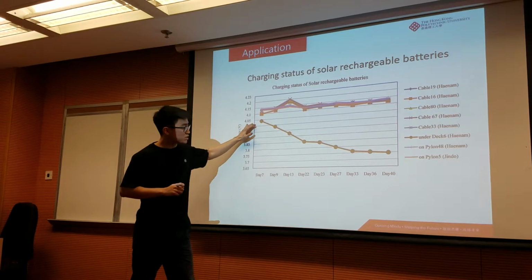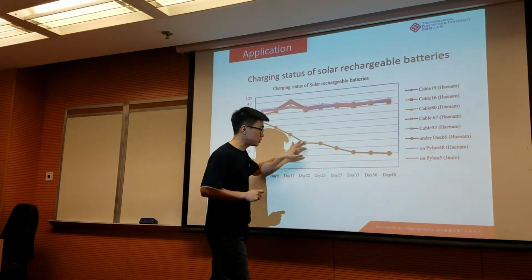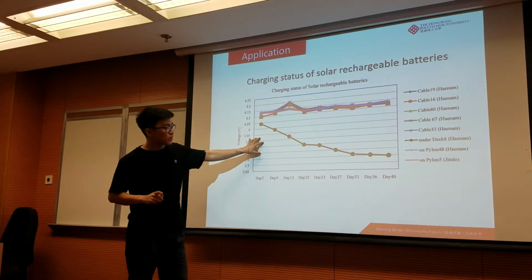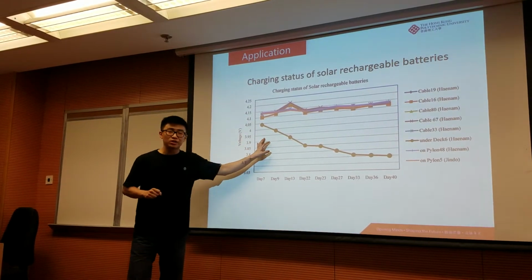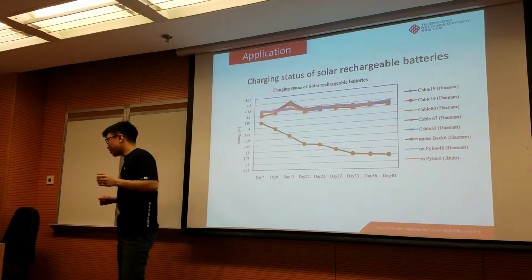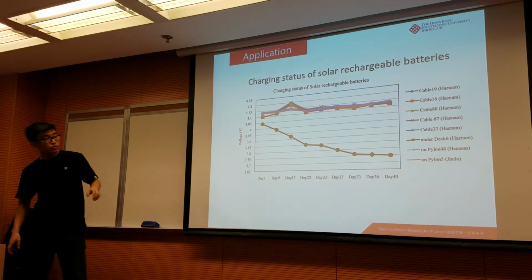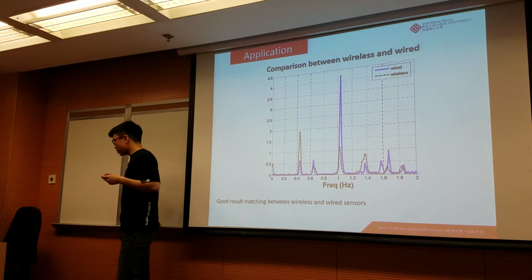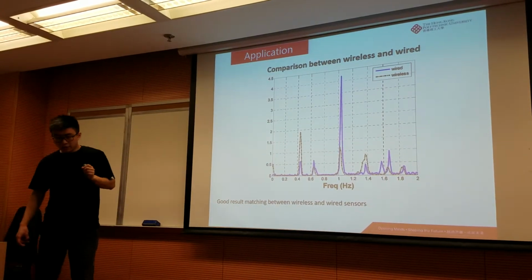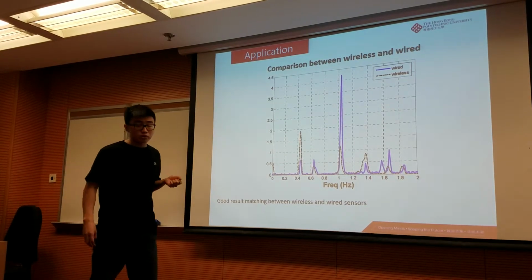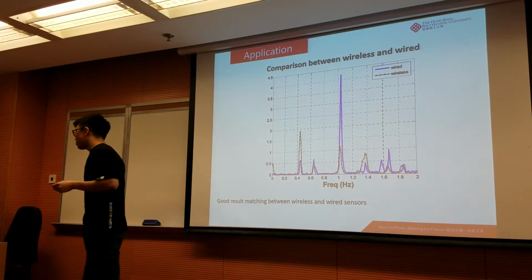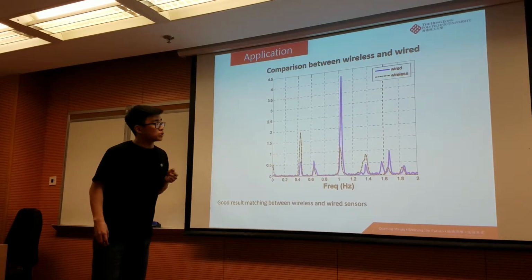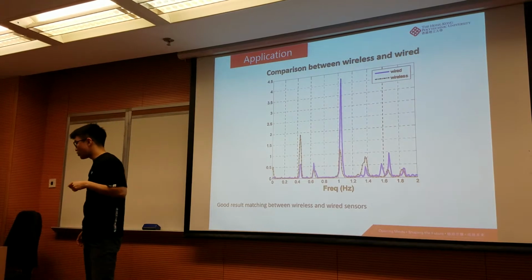And you can also find there is a black inclined line in this figure, right? This is because this solar panel is installed on the back side of the deck, so it cannot receive enough sunlight. So we have also mentioned that the data reliability of the cable sensors is quite high, right? But here we conduct a comparison between the results of wireless sensors and wired sensors.